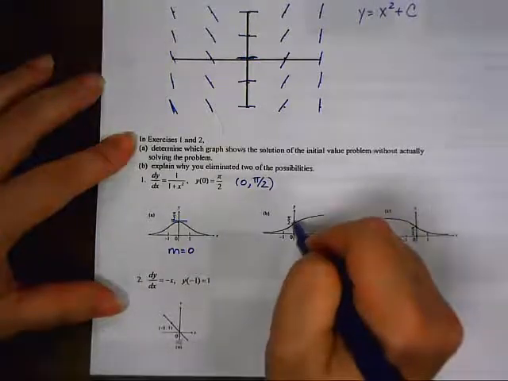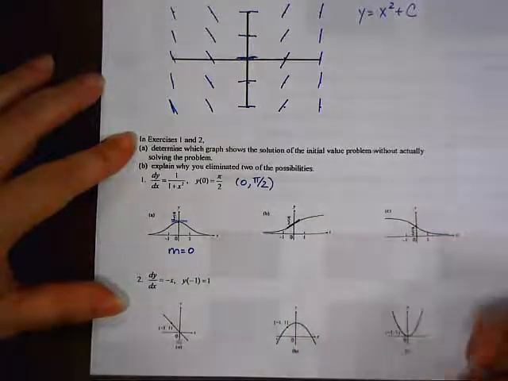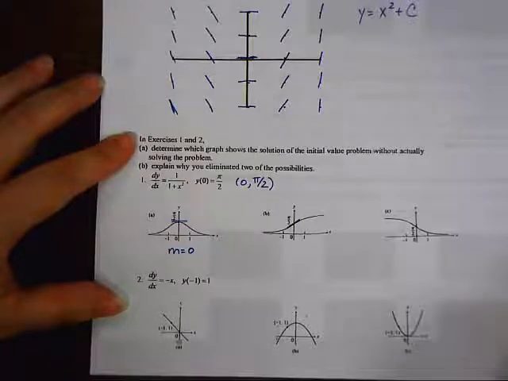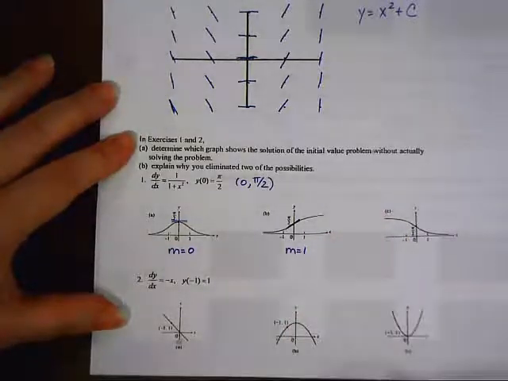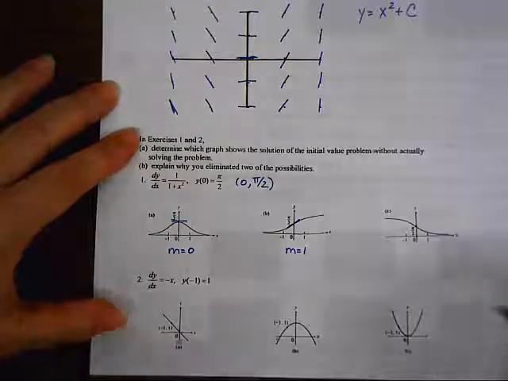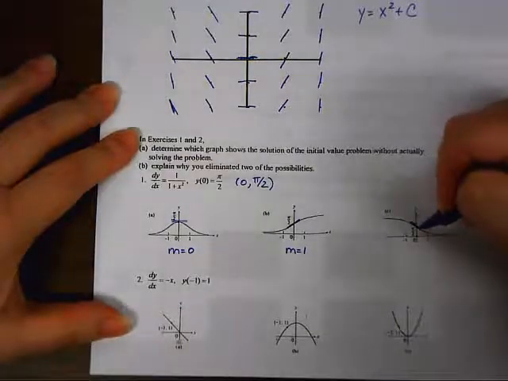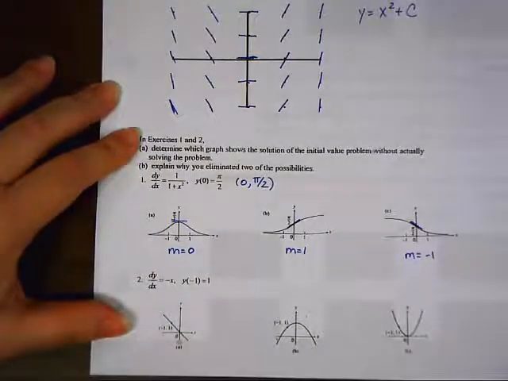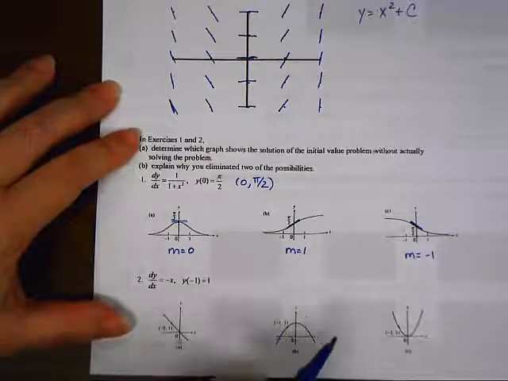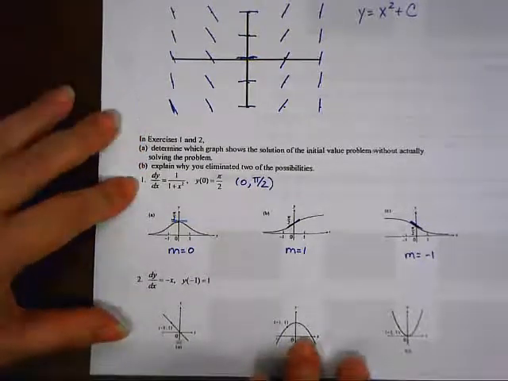All right, go to the next graph. Do the same thing. Draw in a little bitty tangent line. What do you think the slope of that would be? Probably 1. And then the other one will probably be -1. It may not be exactly 1, but at least you know it's negative. Okay? They are all different. So it's going to be pretty obvious once we do the math as to which one is correct.